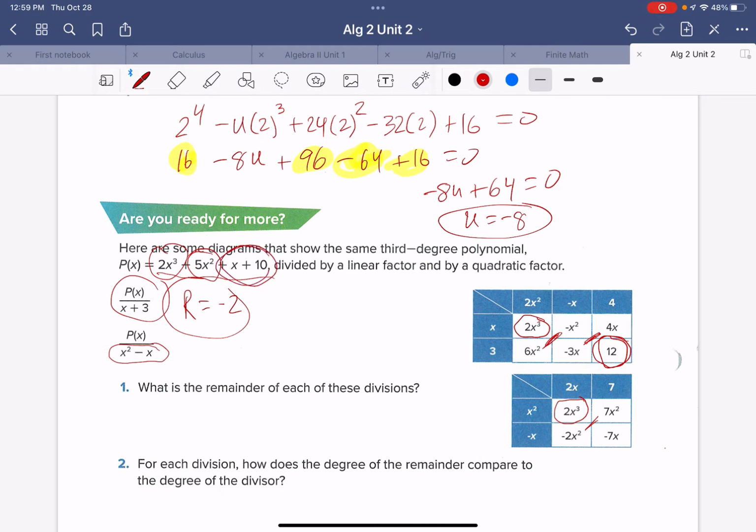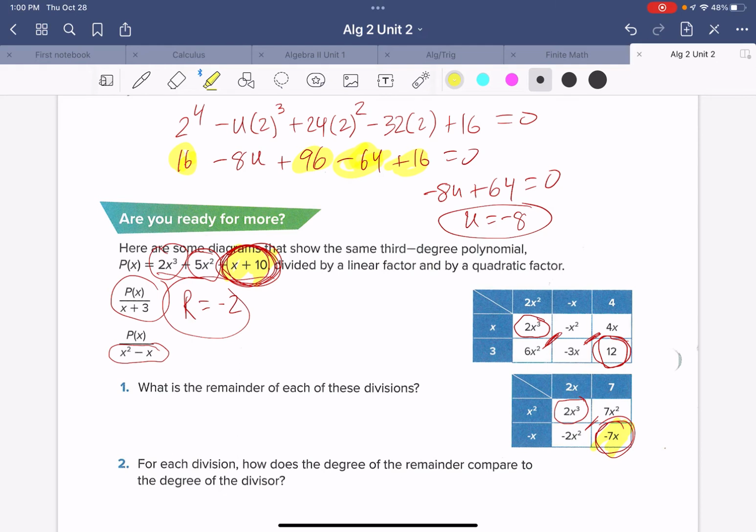I got 10 plus the x, and then I have -7x. So I got to make that match. I'm going to make this part here with the x plus 10 match that. So what do I need to do?